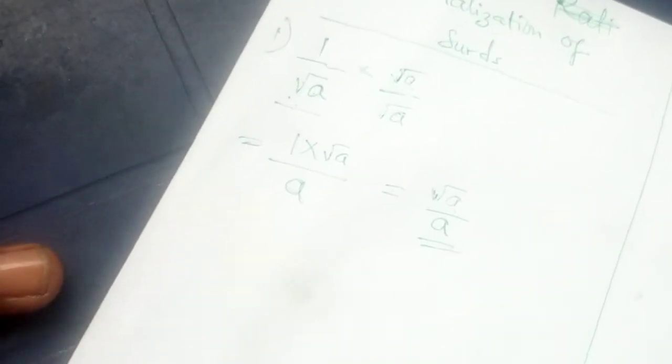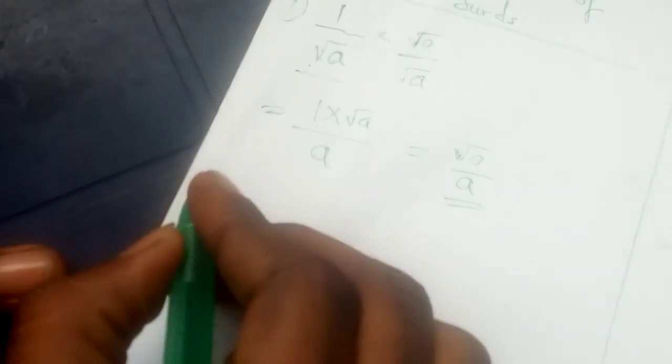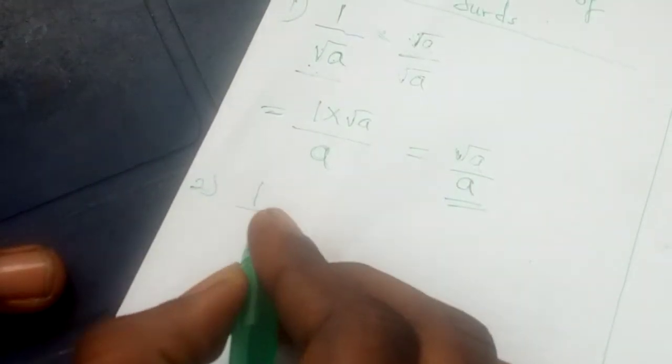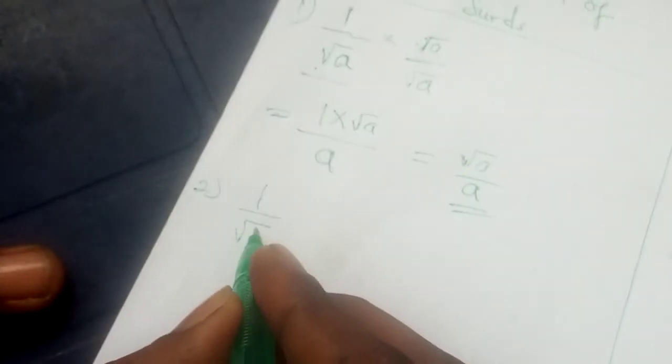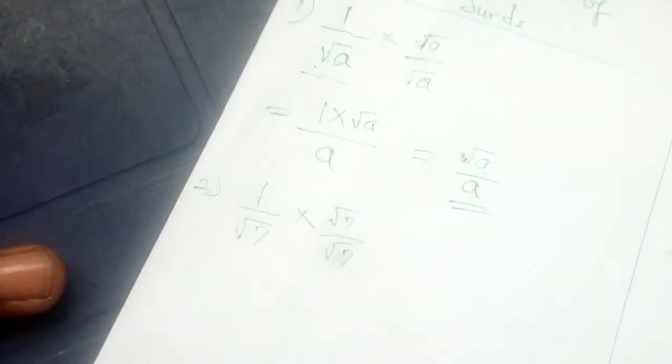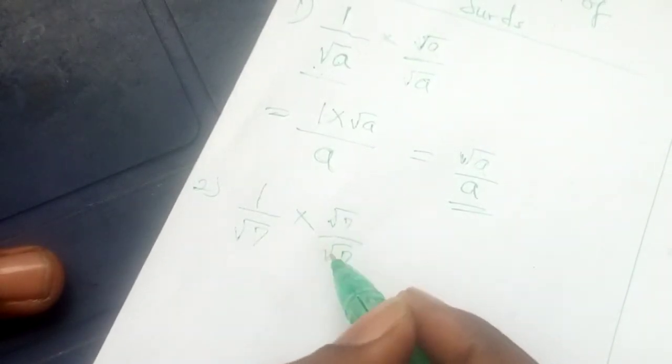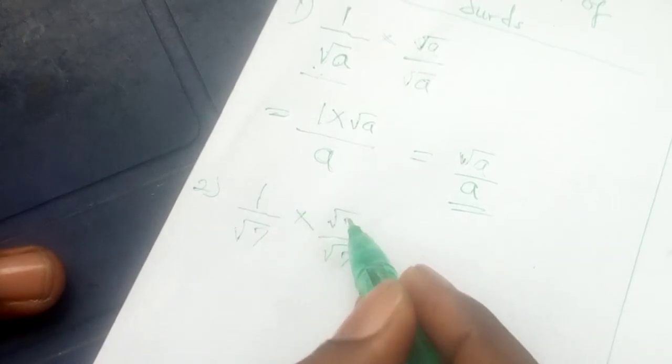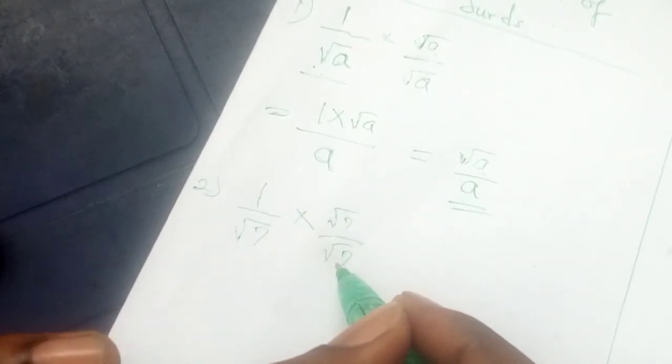Now, assuming we are given a figure in that form, like 1 over root 7, just like this method, we can say root 7 over root 7. We reproduce this root 7 in two ways, one at the numerator and the other one at the denominator.